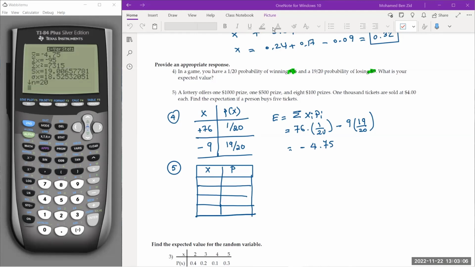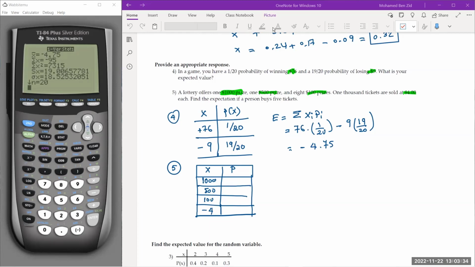Now, whenever we have this, what you're going to do is figure out what the value of the X is. The value of the X can be $1,000. It can be $500. It can be 100, or it can be -4, right? So you're going to have here 1,000, 500, 100, and -4. Are we okay, right?